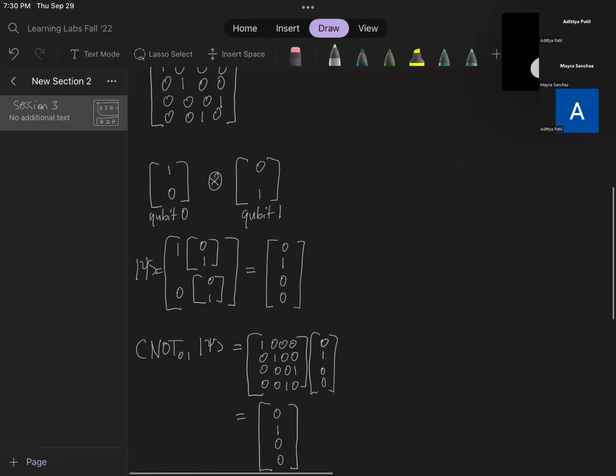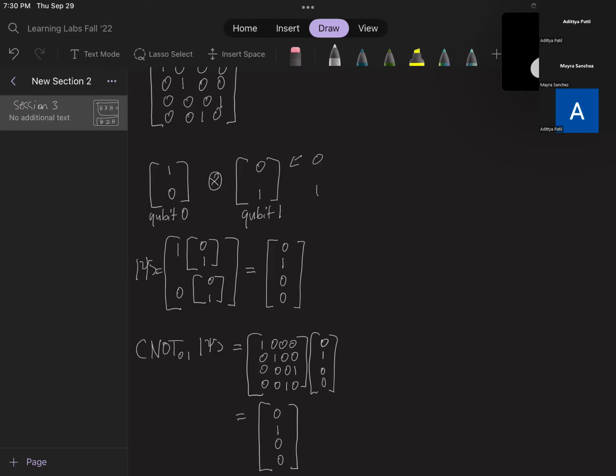Okay, previously, one small thing. What I went over kind of briefly was that we can think of this top cell in this vector right here as the 0 state, and the bottom one is the 1 state. I understand that's a bit confusing because if it's a 1 at the top, it's a 0 state, 1 on the bottom, it's a 1 state.